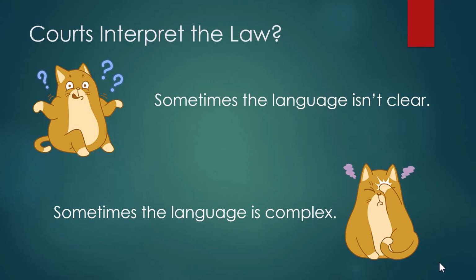Sometimes the law is not clear, or the law might not be clear in a given context, and so the courts have to determine what it means in that context. Sometimes the language of a statute or regulation is so long and complex that the court must closely analyze the language to decide how it applies. I will show you examples of both of these when we cover researching case law.